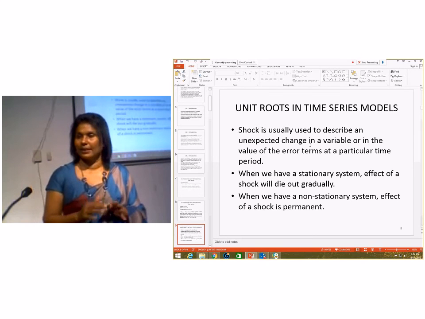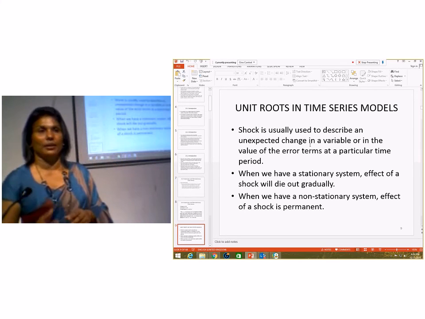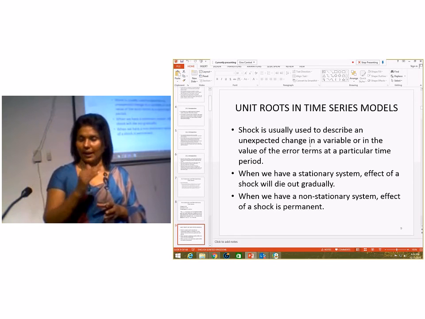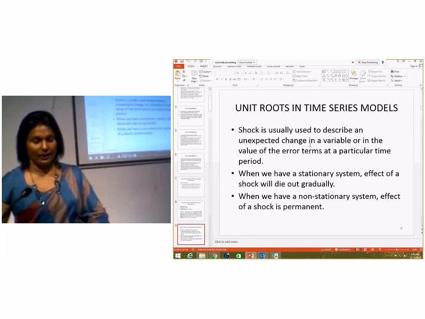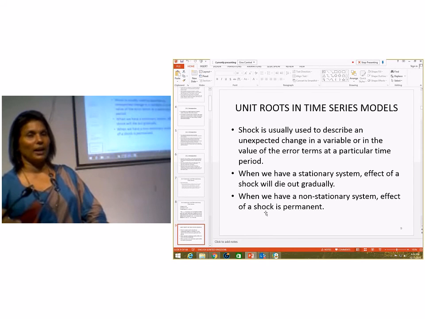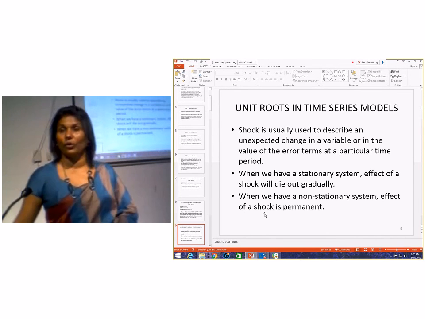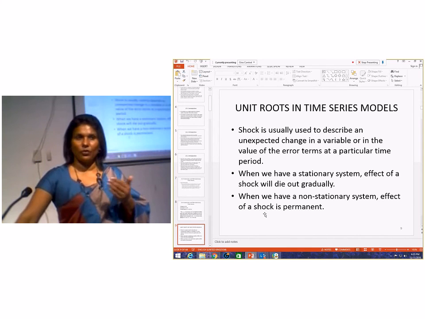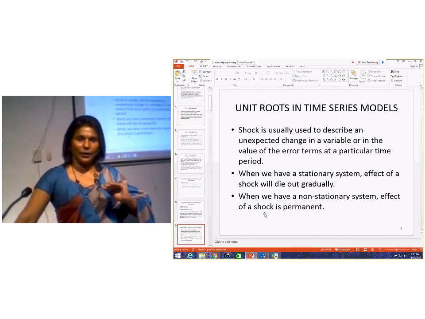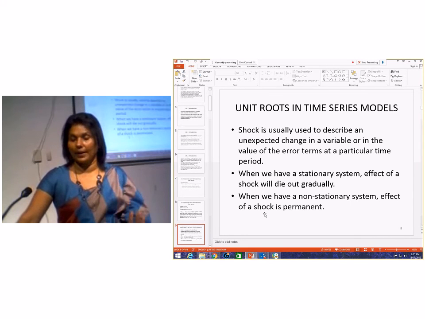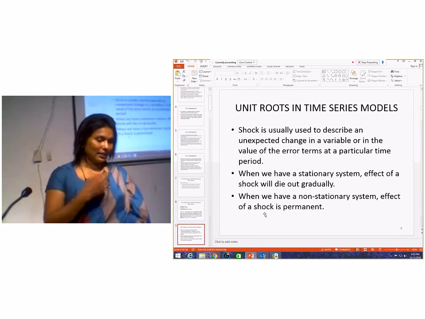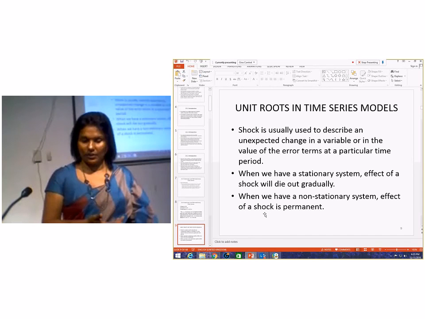If you consider the data as it is, it includes these shocks, and you analyze based on that shock, so the shock is permanent. That's why in a stationary system we remove that unexpected change, and the effect of the shock will die out.